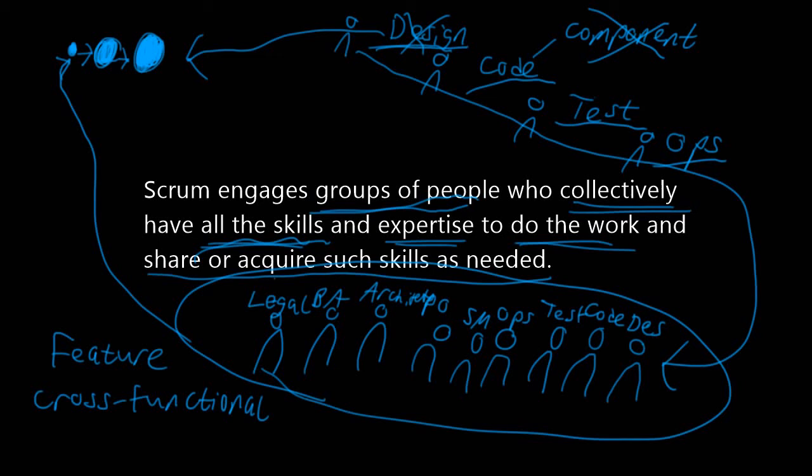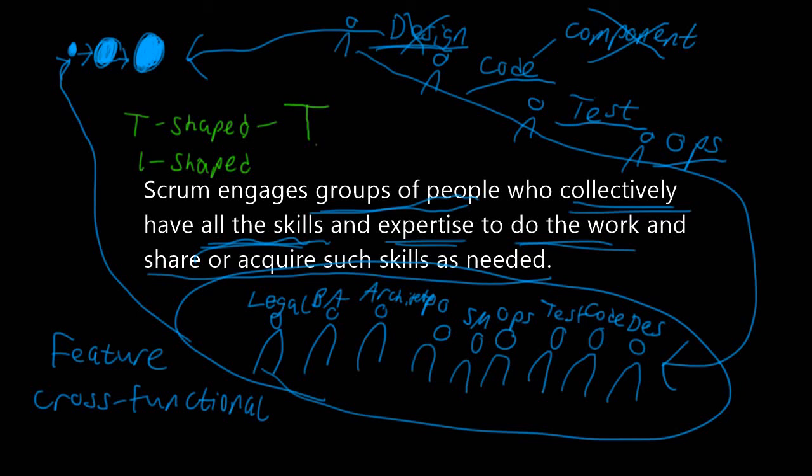One more thing I want to highlight here is that in Scrum, we like T-shaped people. Let me change the color. We like T-shaped people as opposed to I-shaped people. So let me summarize that real quickly. A T-shaped person has deep skills in one area, and then they have shallow skills in another area.